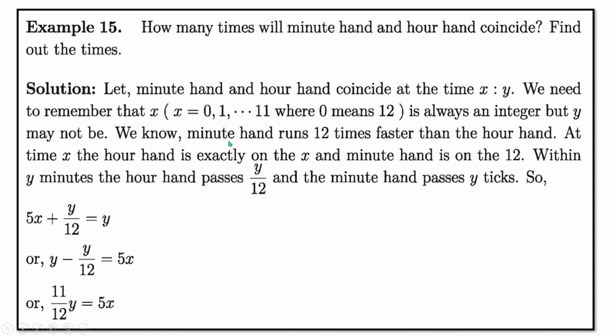In an analog watch there are 60 small parts. From 12 to 1, 1 to 2, there are 5 small parts. For 1 hour, the hour hand covers 5 small parts, but the minute hand covers 60 small parts.